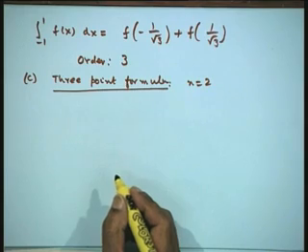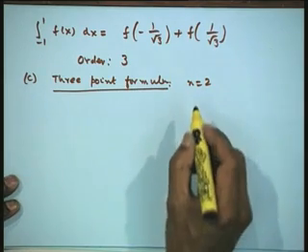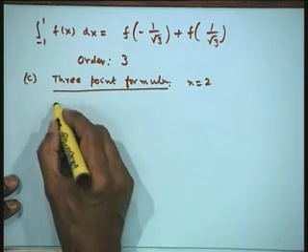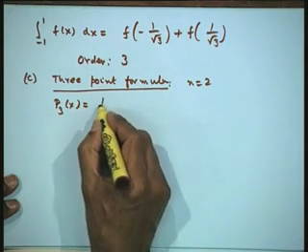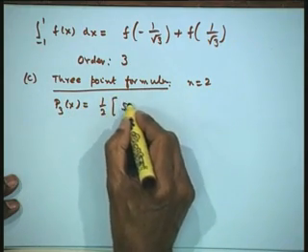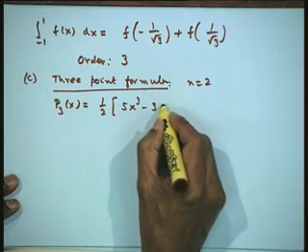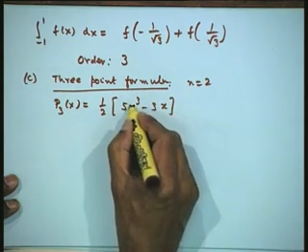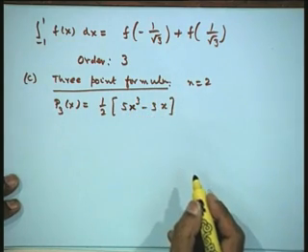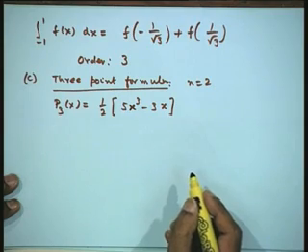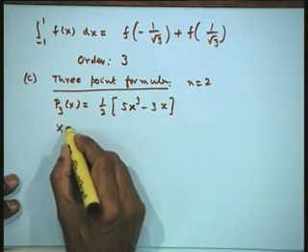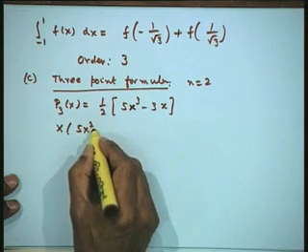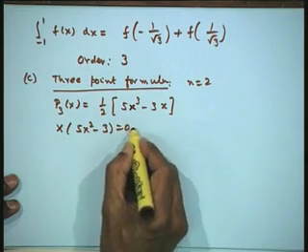Therefore, I must choose the orthogonal polynomial Legendre polynomial P 3. So, I will take P 3 of x, that is half 5 x cubed minus 3 x. Therefore, if I set it equal to 0, I will get x into 5 x squared minus 3 is equal to 0.